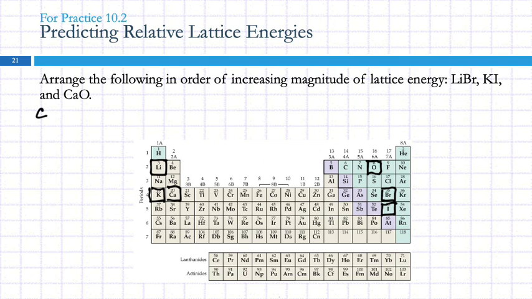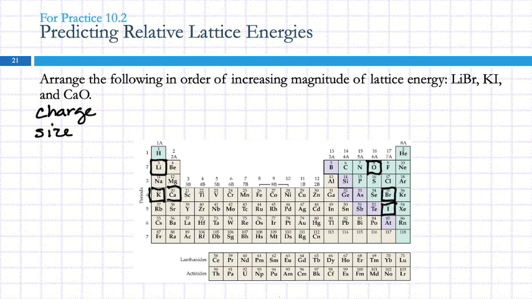So what we're looking at is the effective charge and the effective size. Charge is the biggest one, because if you have +2 and -2, the product is -4, which is 4 times +1 and -1. Right? So charge is the biggest one, and then size is the smaller one.